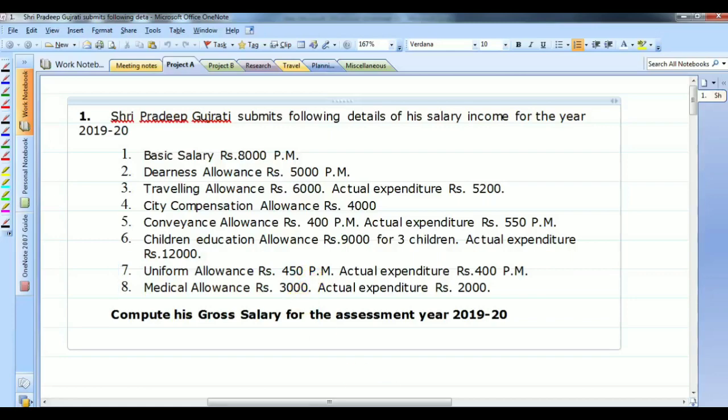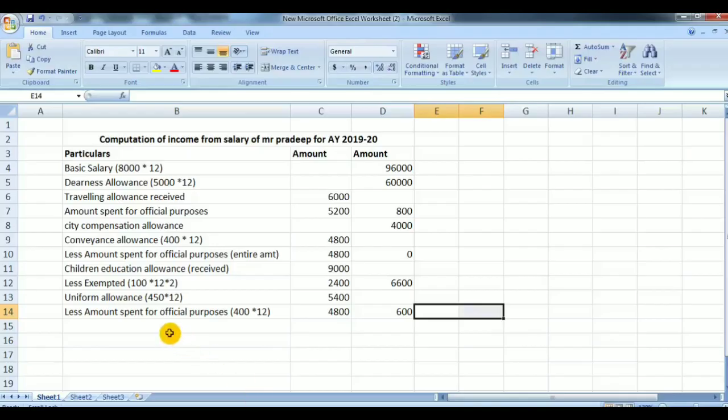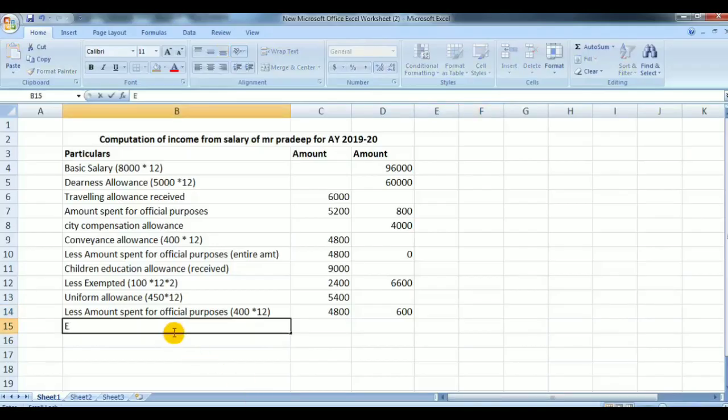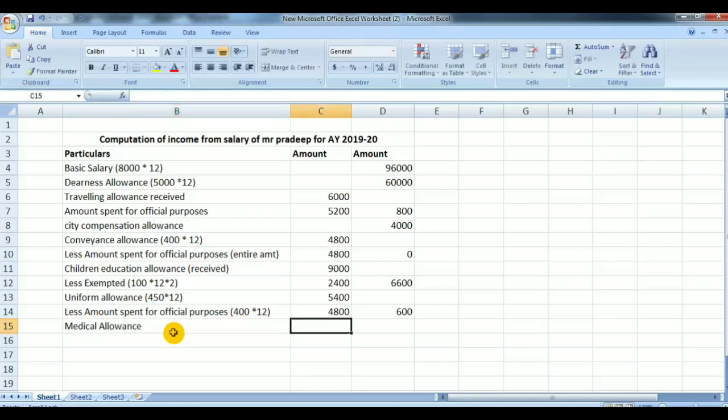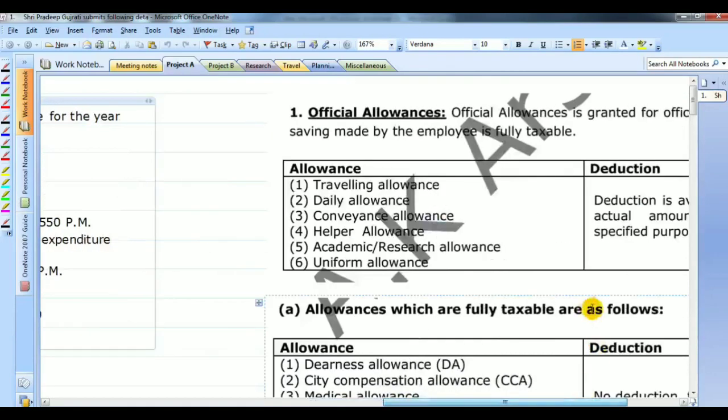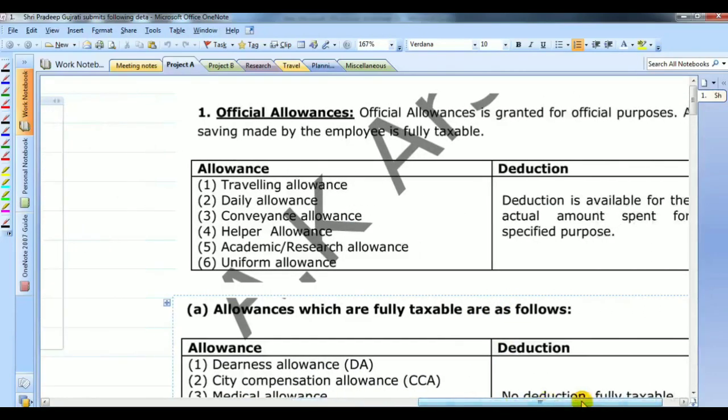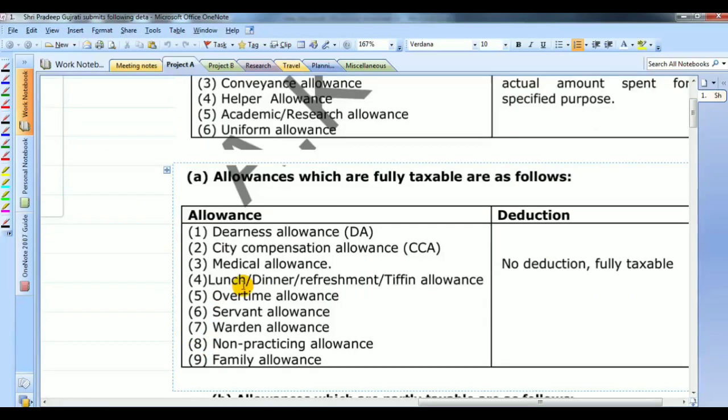Next is medical allowance. This is the last entry. For medical allowance, let us look at where it stands. It does not feature in the official allowances, but it does come over here.